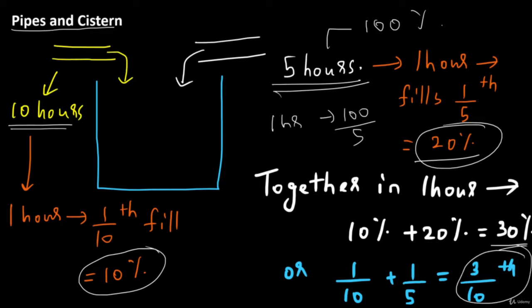So these type of questions can be approached both using the percentage method or using the fraction method. Now in the subsequent problems, we will see both the methods applied, so that in any question you can easily choose which would be the best method to apply to quickly solve the question.